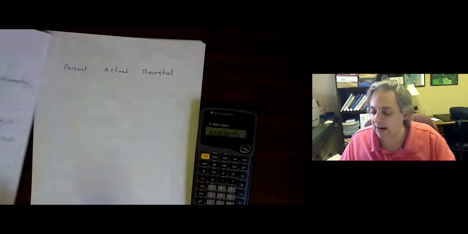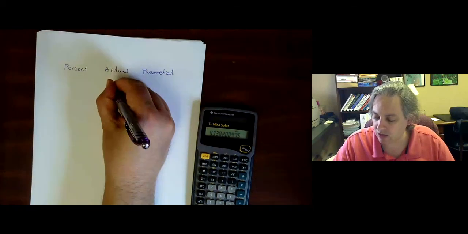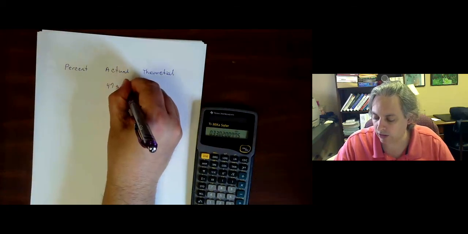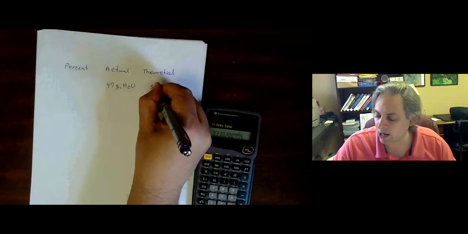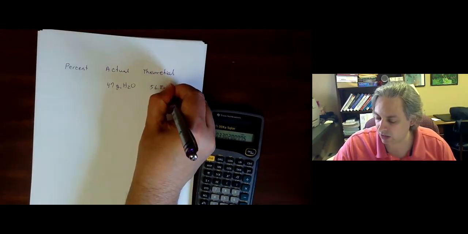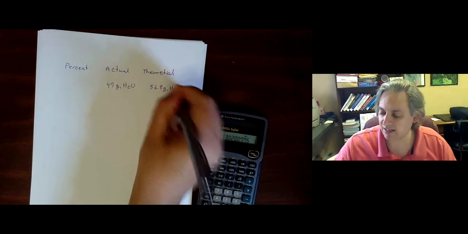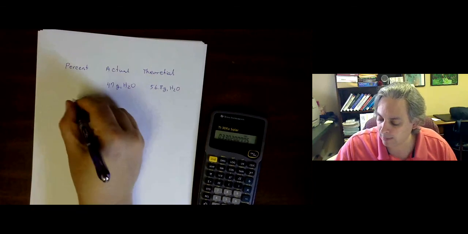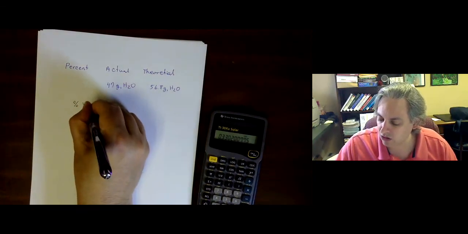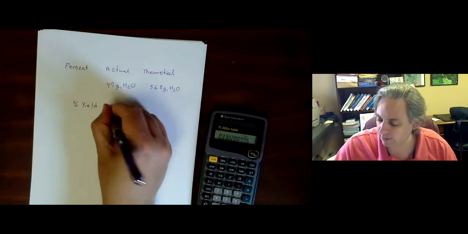So that is our actual yield. Our actual yield was 47 grams of water. What were we supposed to get? We were supposed to get 56.8 grams. So that is our theoretical yield. We were supposed to get 56.8 grams of water, but instead we only got 47 grams. So our percent yield is going to be these two numbers divided by each other.